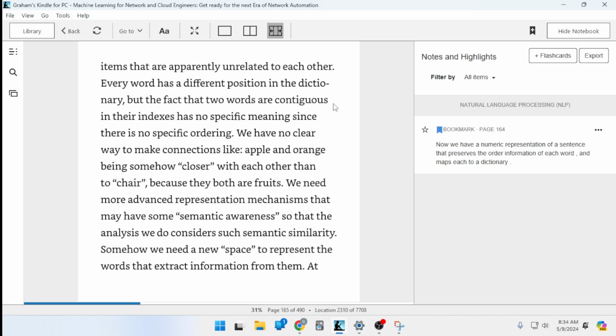We need more advanced representation mechanisms that may have some semantic awareness so that the analysis we do considers semantic similarity. Somehow we need a new space to represent the words that extract information from them.